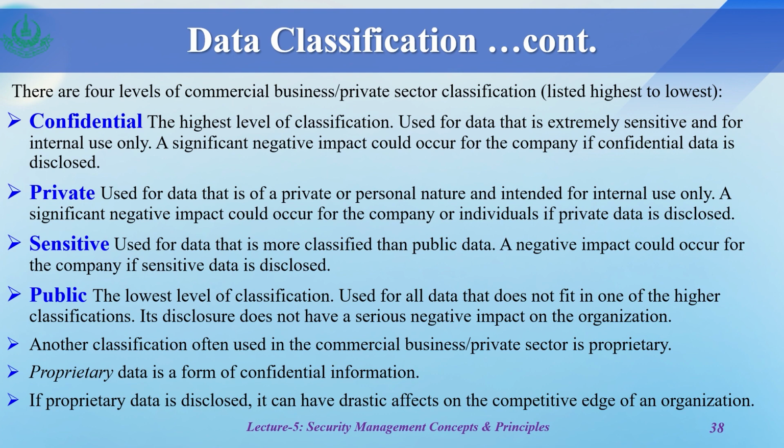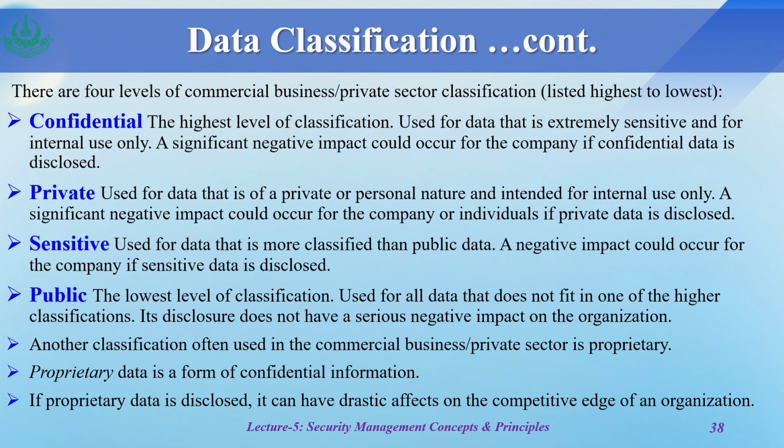Second is private, used for data that is of a private or personal nature and intended for internal use only. A significant negative impact could occur for the company or individual if private data is disclosed.